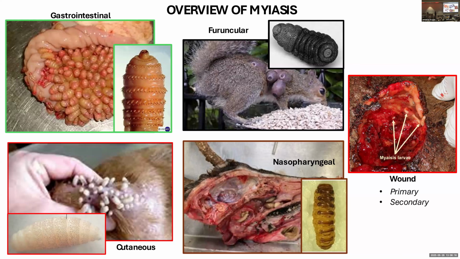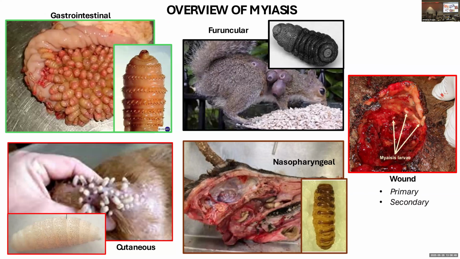But then the one that is of concern to us today is the one that is classified under wound myiasis. Now, these are the ones that either can cause a wound, which are the primary screwworm myiasis, or those that depend on an existing wound. So if they can cause a wound on their own, they are referred to as primary, whereas if they depend on an existing wound and then they just expand the wound, then they are called secondary.